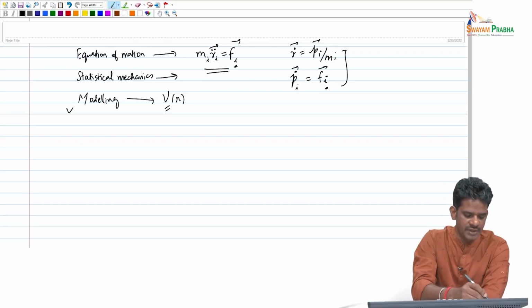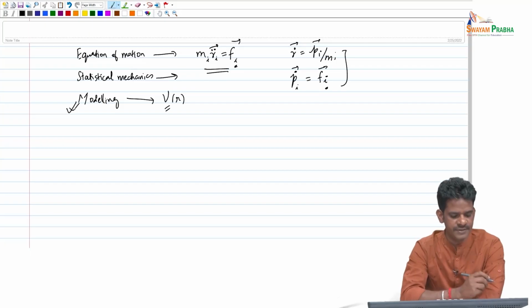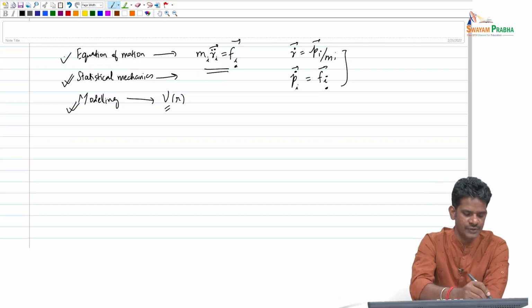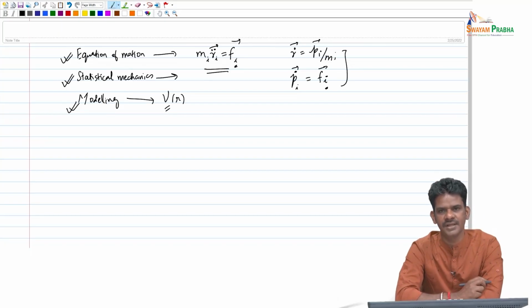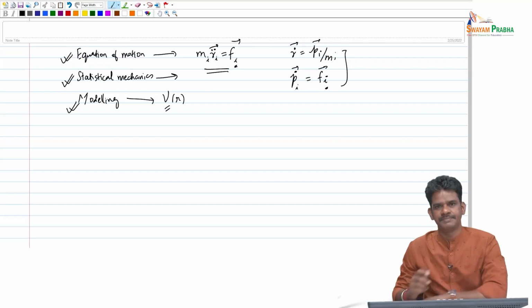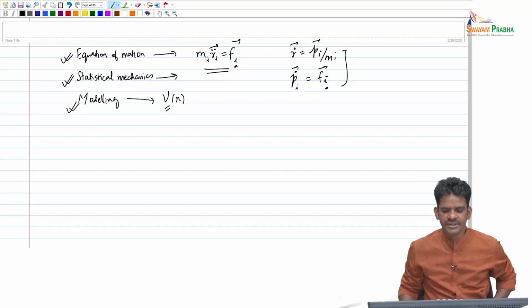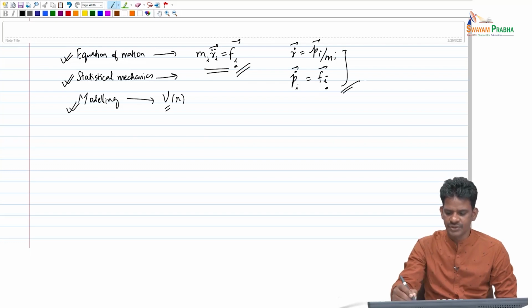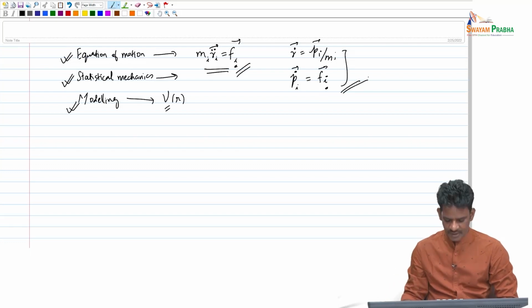So, first we talked about various force fields, then we talked about statistical mechanics, and now we also discussed the classical equation of motions to advance the system's trajectory. So, now the question comes: how are we going to integrate these equations of motions so that the trajectory can be obtained?